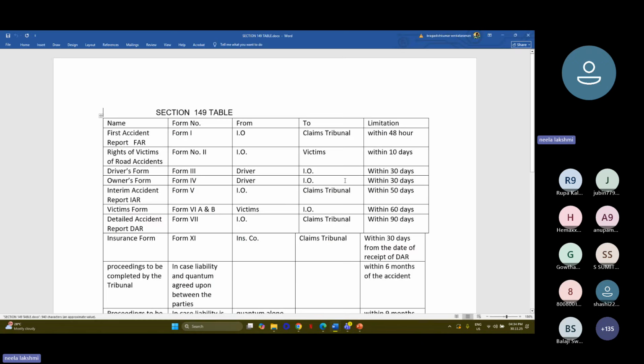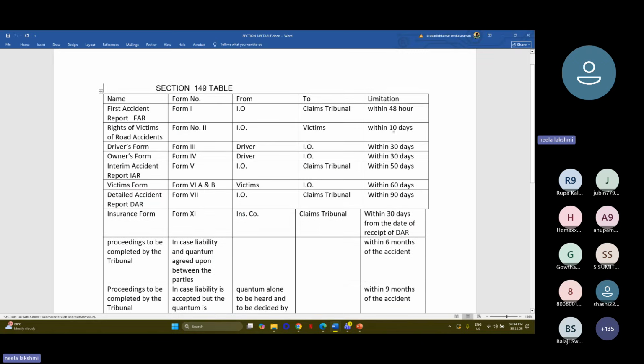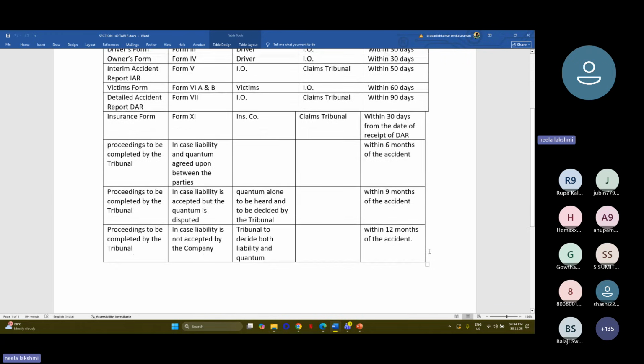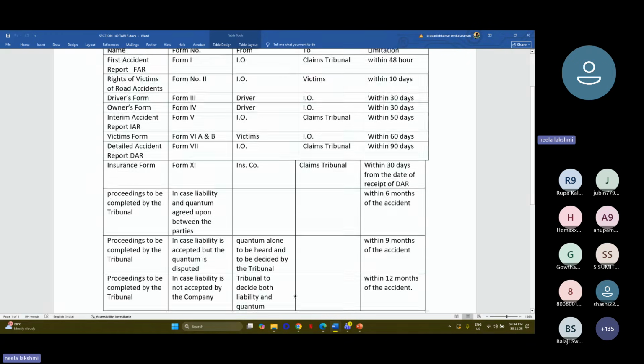Regarding Section 149, who has to prepare this form and to whom it is to be submitted, and the time limit I have also specified for FAR, which we have seen in Section 149. Form 2, Form 3, everything I have described here in tabular form. It is easy for your remembrance and learning. For that, I have prepared this table.